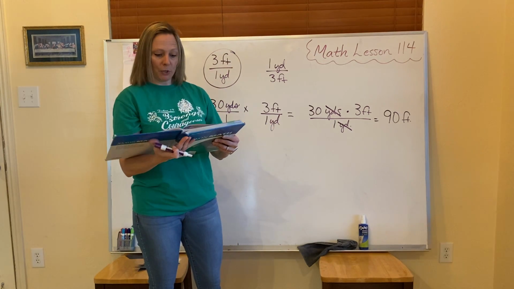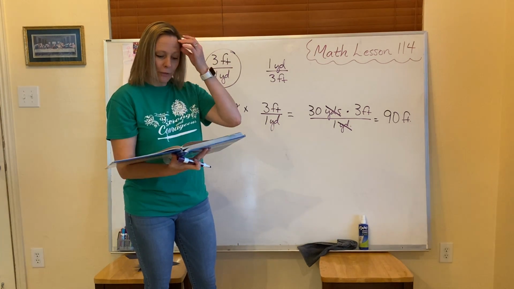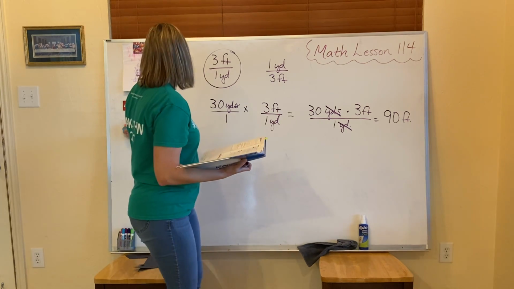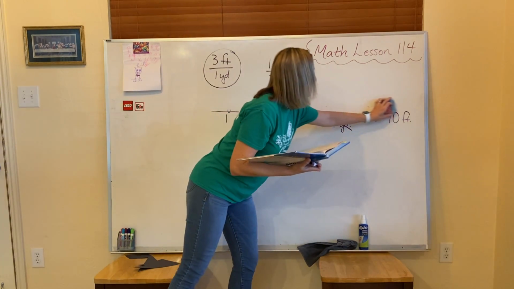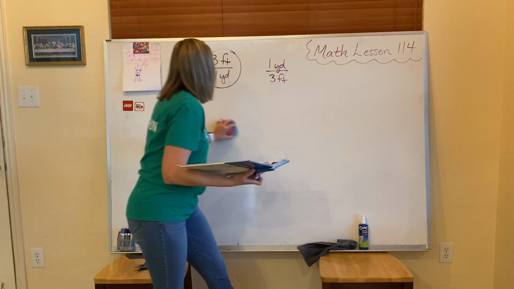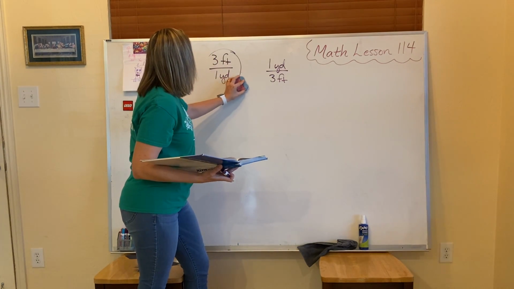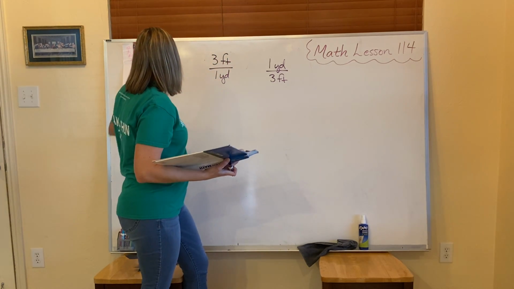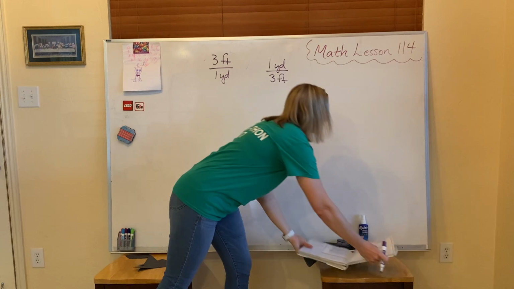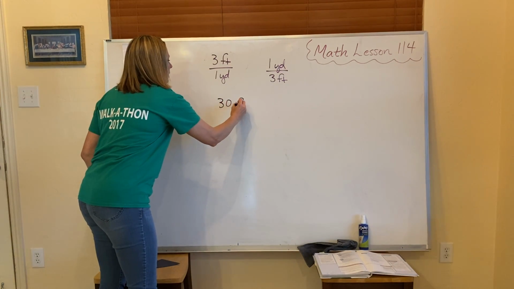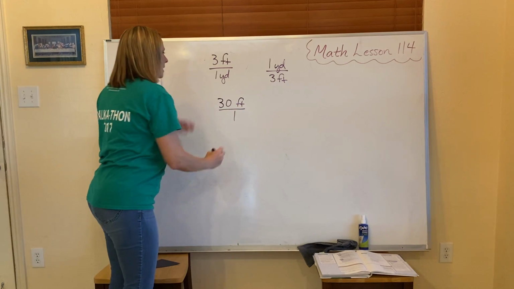Let's try example 2. Convert 30 feet to yards using a unit multiplier. Okay, so this time we're converting feet to yards. We're going to use one of these unit multipliers, right? So we have 30 feet, and we want to know how many yards that is.